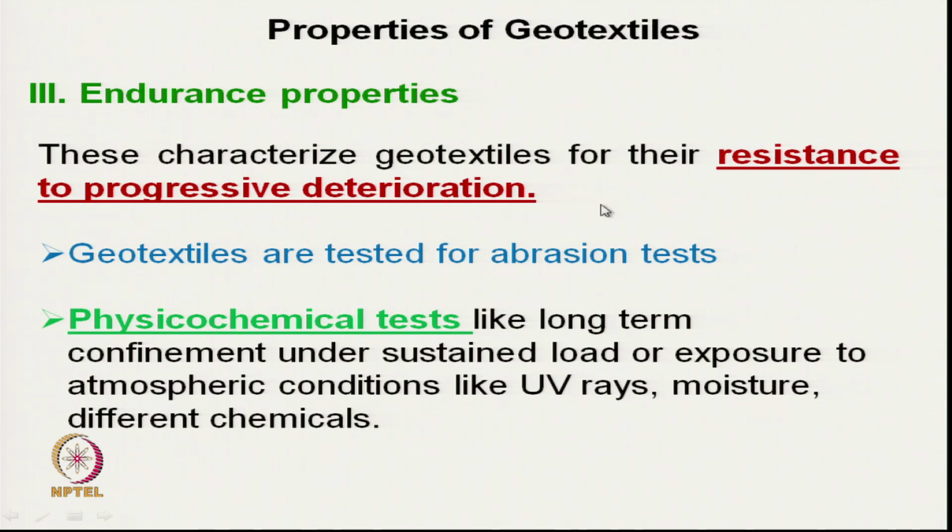These characterize geotextile for their resistance to progressive deterioration, because while in use we should know progressively how the structure of geotextile is getting deteriorated, that may be due to abrasion, UV deterioration, moisture deterioration, or due to load.